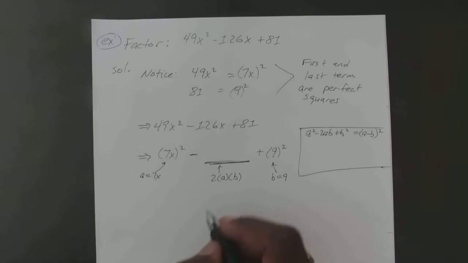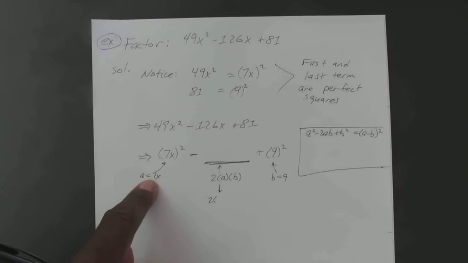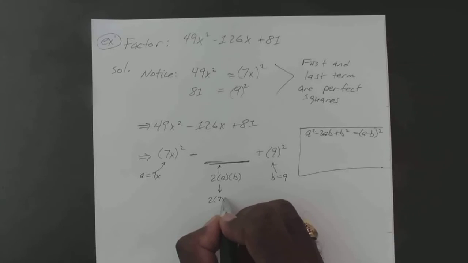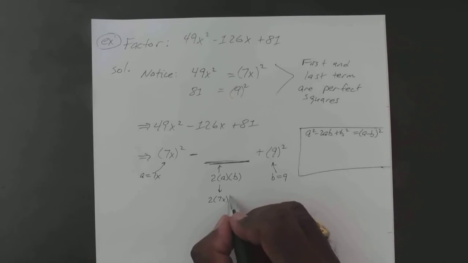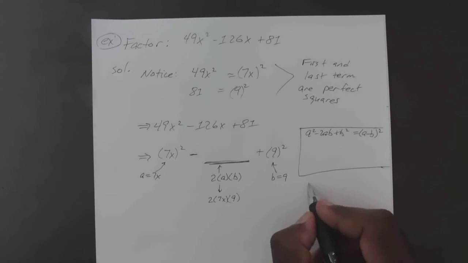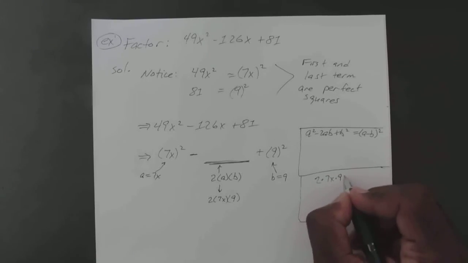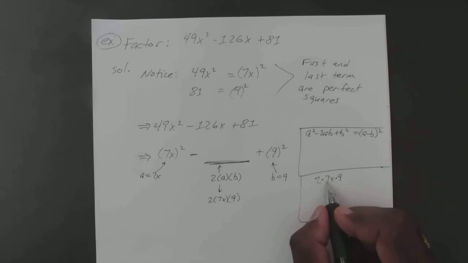Okay, so we go ahead and test it out. So you have 2 times a, which is 7x, times b, which is 9. Okay, and we'll go ahead and do that on the side there. 2 times 7x times 9. 9 times 7 is 63.